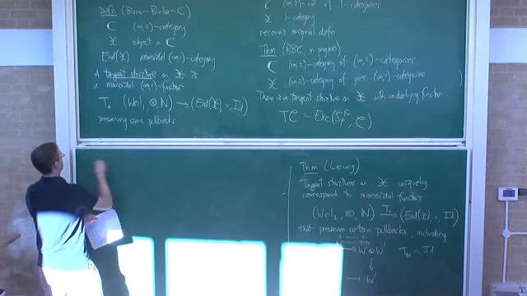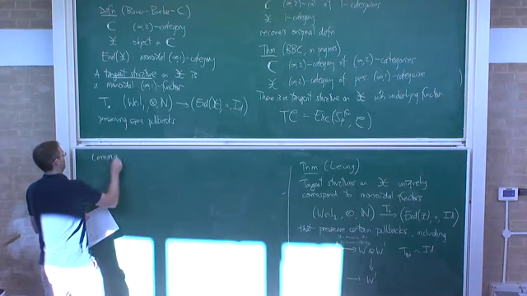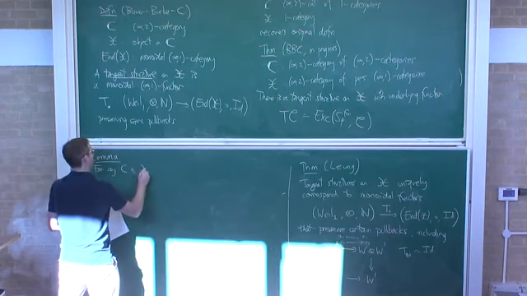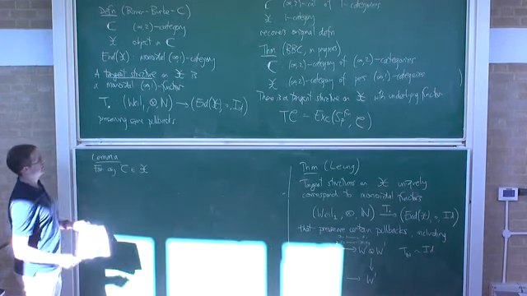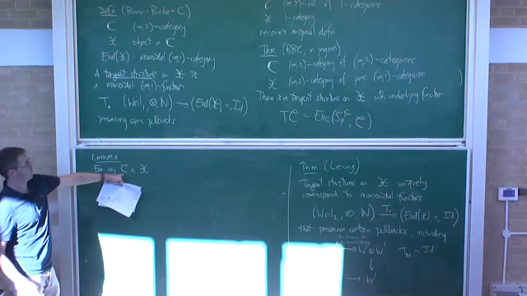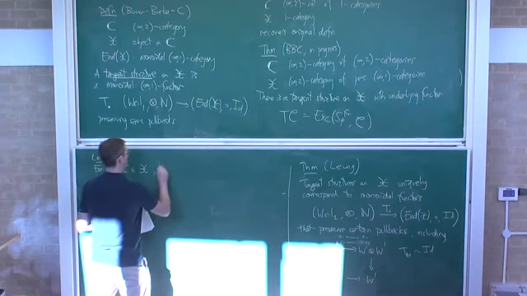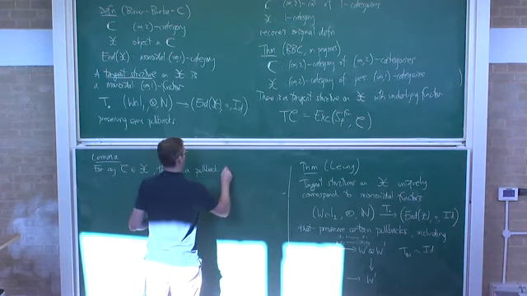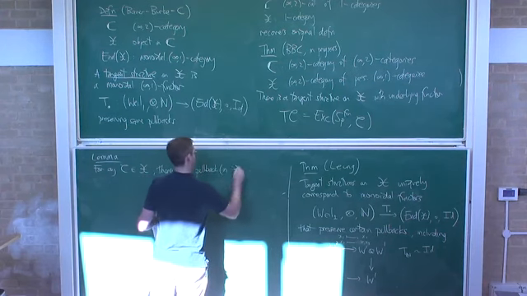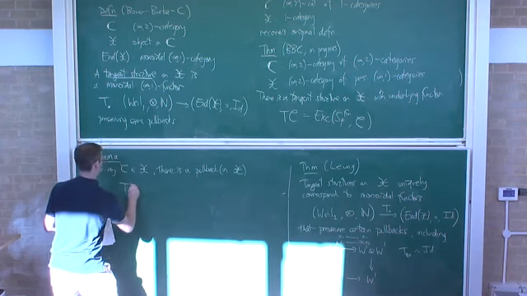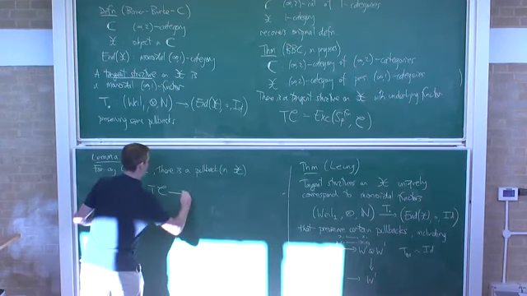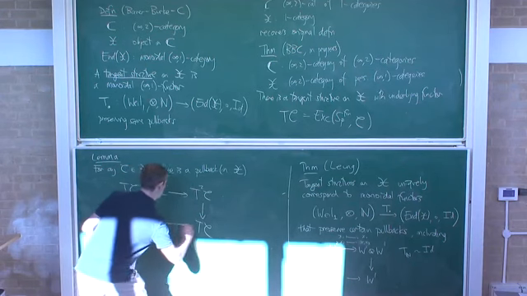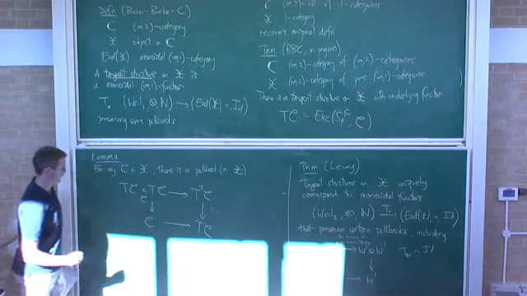So I need to say the corresponding lemma then says for any C in X, so C is a presentable infinity 1 category, there is a pullback in X that looks exactly like it did in the previous lemma, in the version for manifolds.